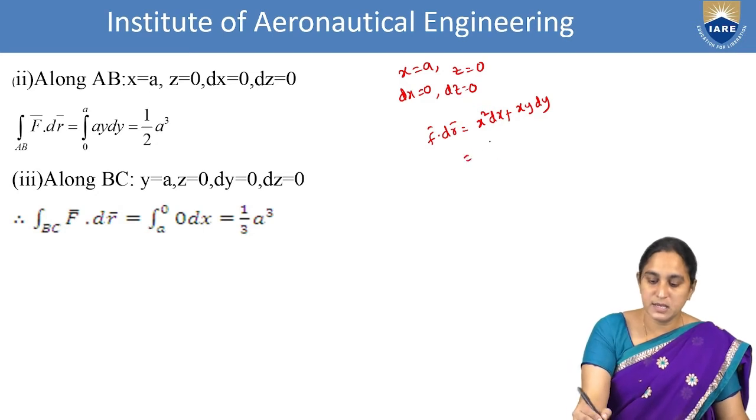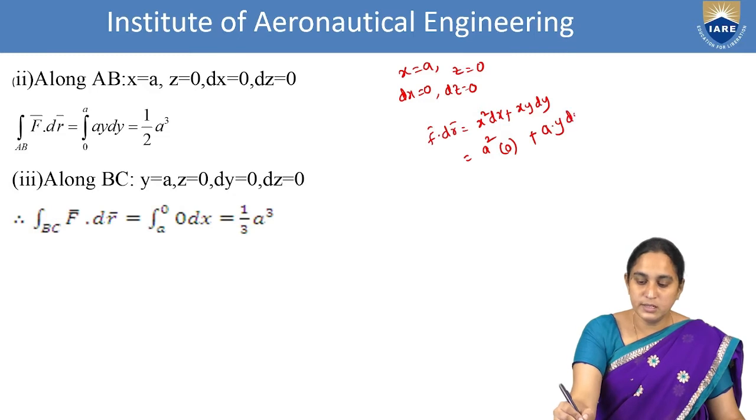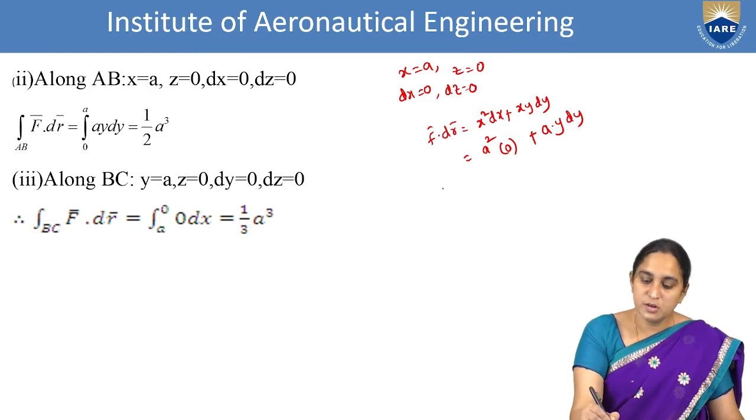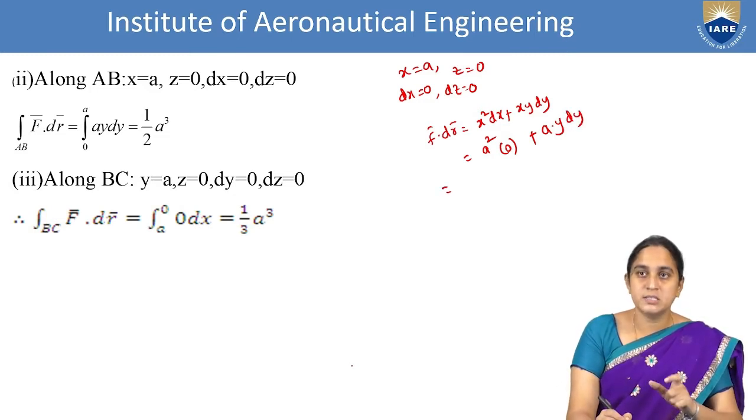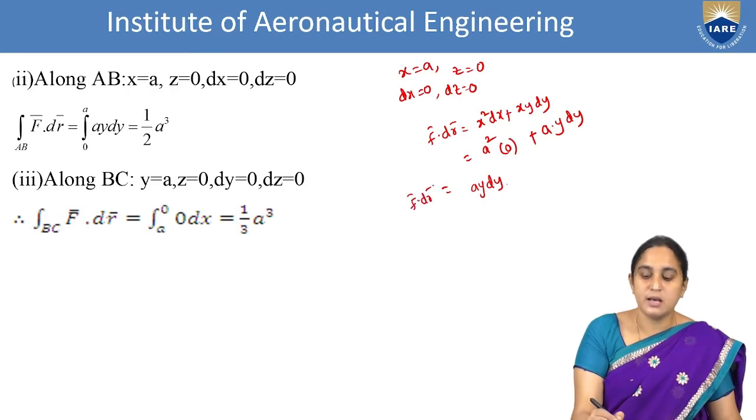That means a squared into dx as 0 plus a into y into dy. After substituting all conditions in F dot dr, F dot dr is a y dy.